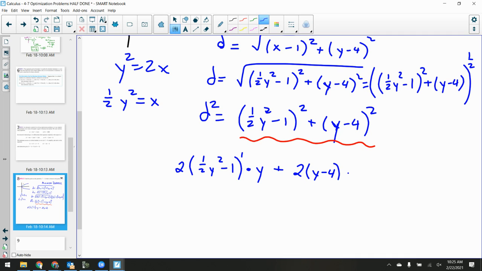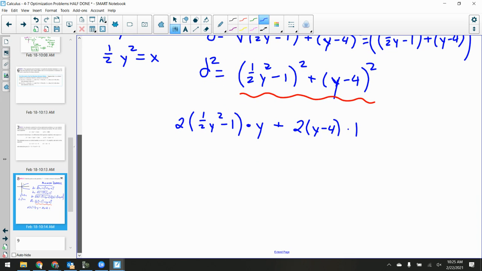Just 1. I don't really need that, but just to show the chain rule, that's what that would be. I'm going to take off this power of 1 because it kind of looks like a prime almost. Brings flashbacks of implicit differentiation.